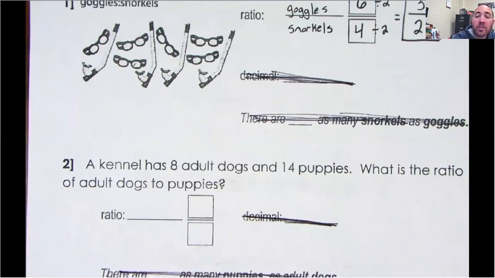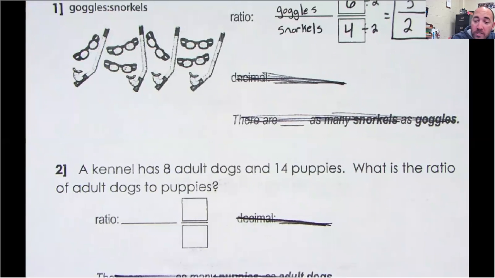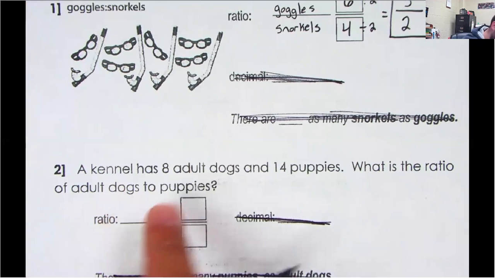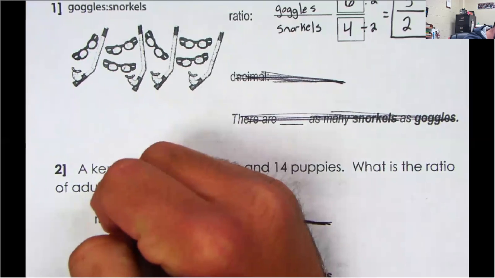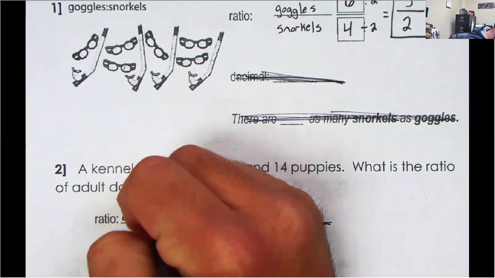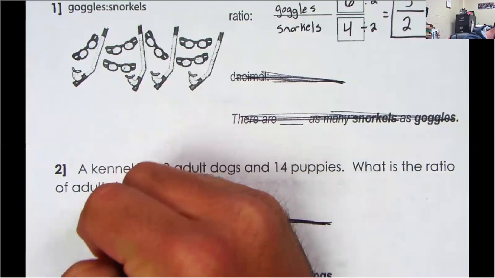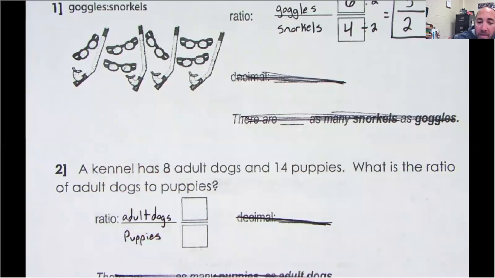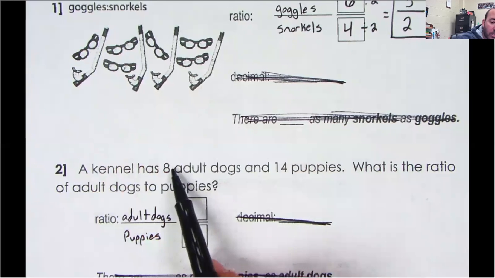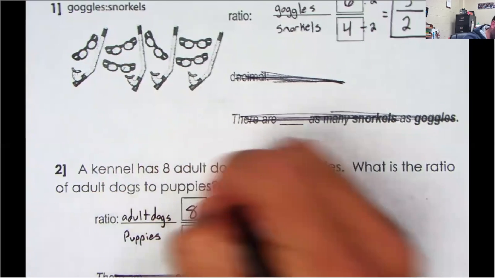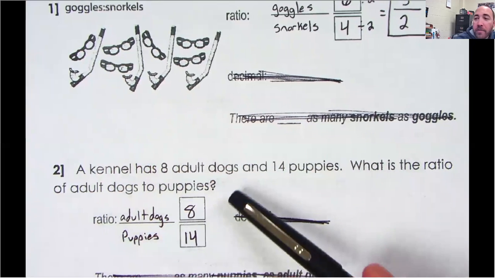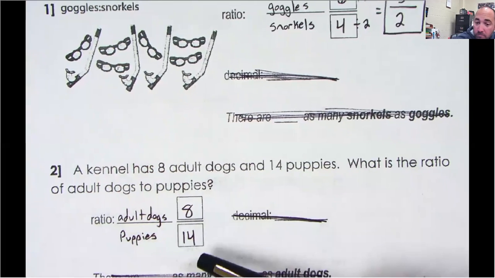All right. A kennel has 8 adult dogs and 14 puppies. What is the ratio of adult dogs? That came first, that goes on top. Adult dogs to puppies. Again, the order matters. Well, it says I have 8 adult dogs, 14 puppies. Can the fraction be simplified?